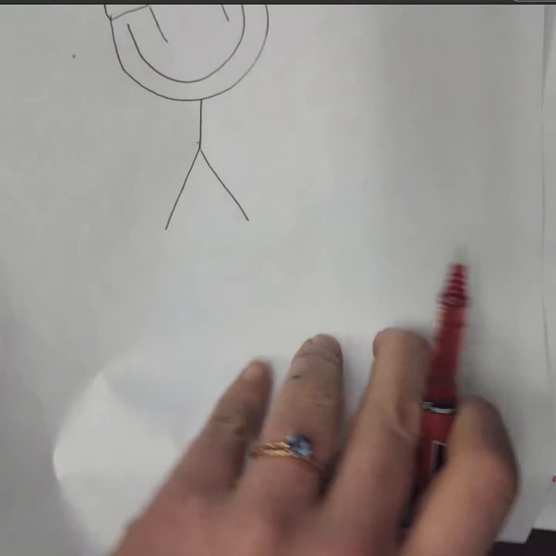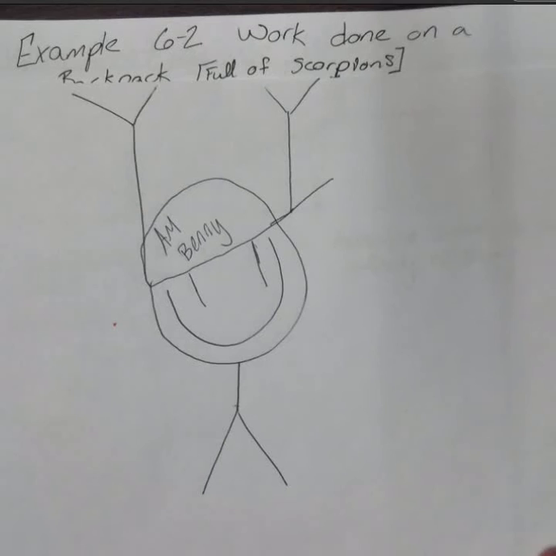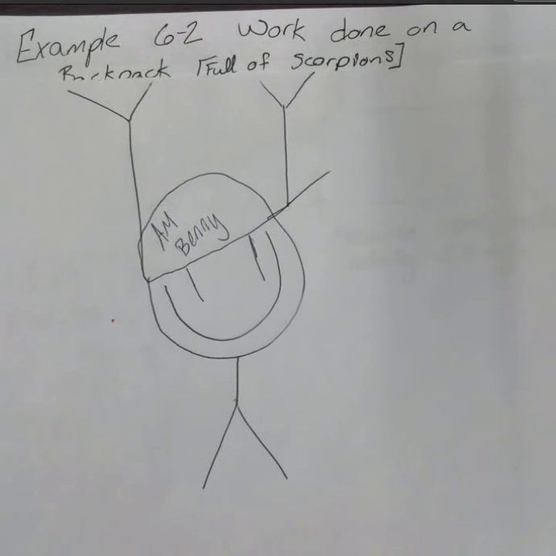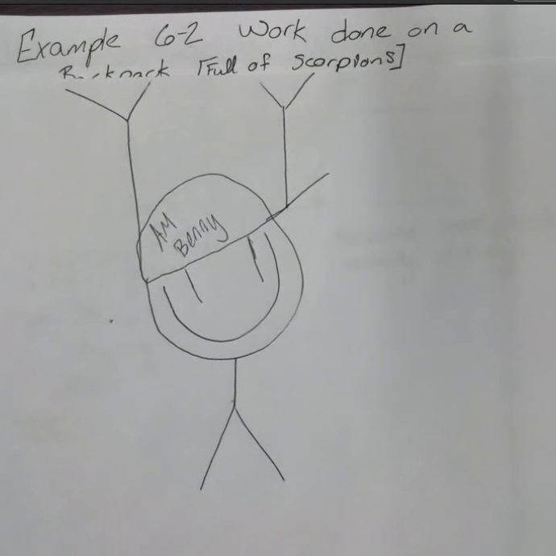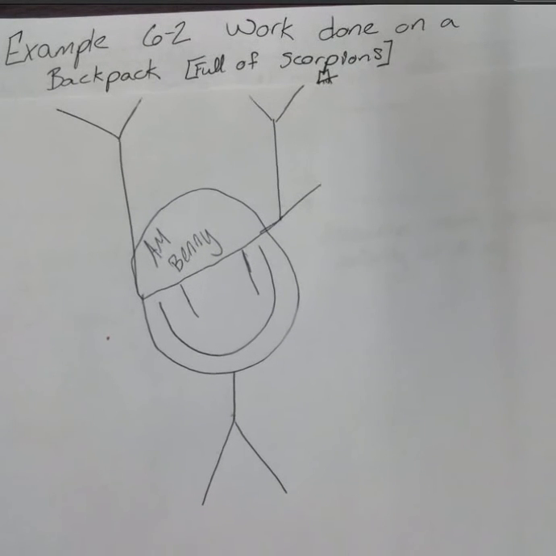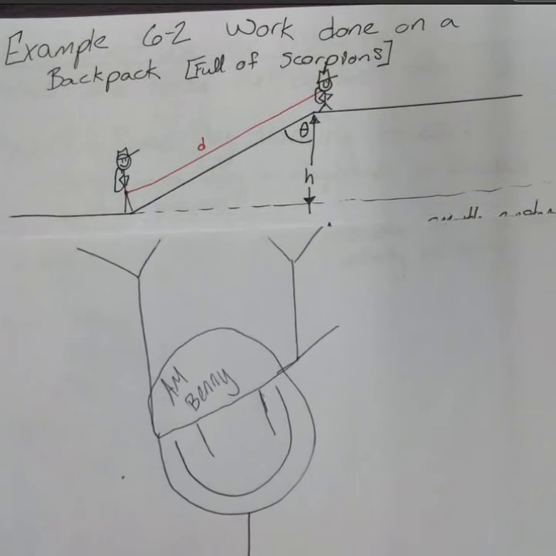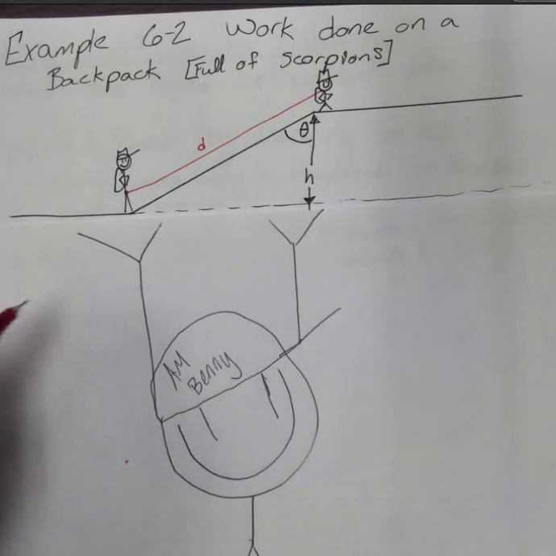Here we're going to take a look at an example, and this is a really neat example because this also begins to give us the beginning workings of the relationship between work and the potential to do work, or potential energy. So we're going to be looking at the work that Benny does on a backpack full of scorpions. So here Benny is going to be hiking up a hill.